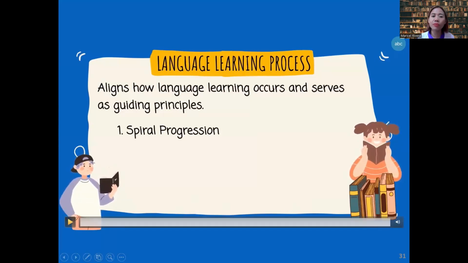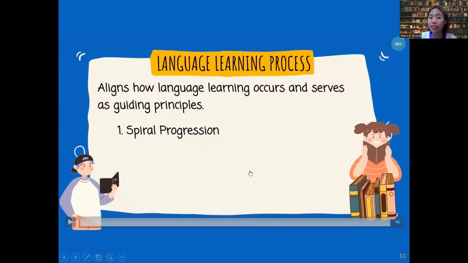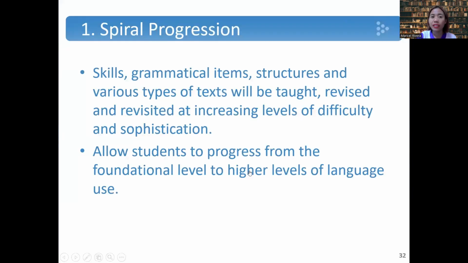Okay, so it's a good explanation about spiral progression, that there is continuity and at the same time levels of difficulty, so that students would progress and would be able to advance. From beginner, you would advance to the next level. So that's the spiral progression. That's the principle behind it.